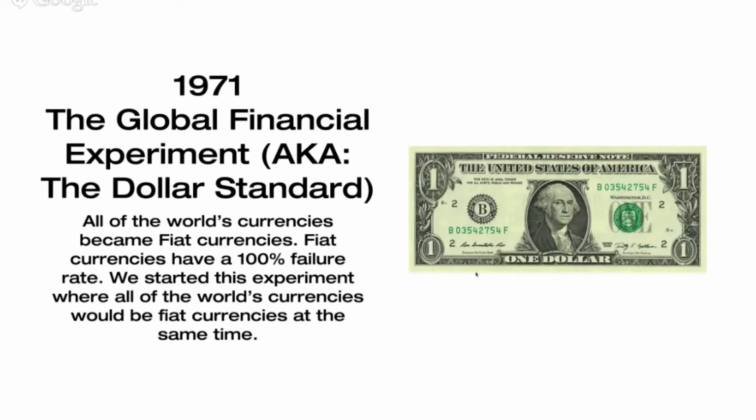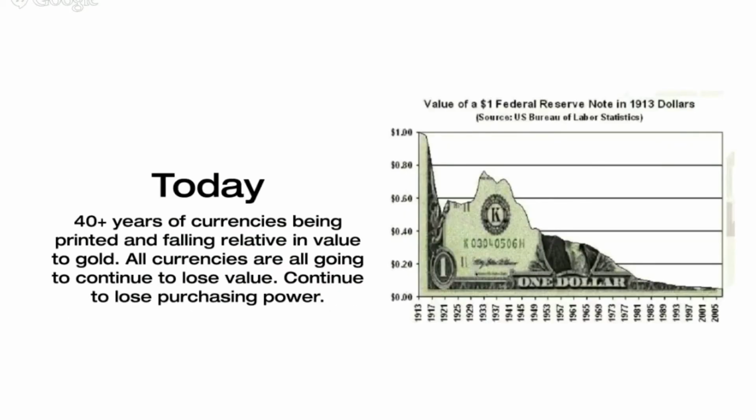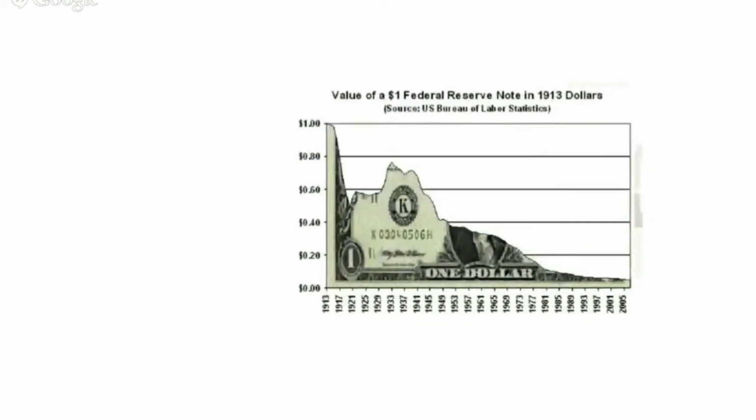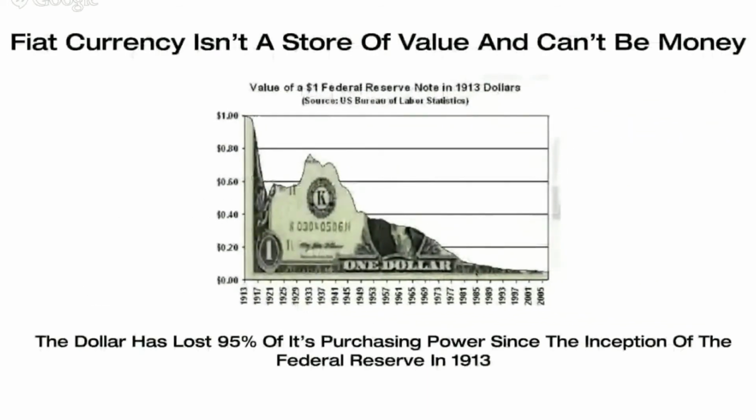Unless we think we're some amazing people and our fiat currencies aren't going to fail, at some point our fiat currencies are going to fail. It's what history shows. So today, after 40 years of currencies being printed and falling in value relative to gold, all currencies are going to continue to lose value and purchasing power. This little slide on the right here shows that fiat currency isn't a store of value and can't be money, right?